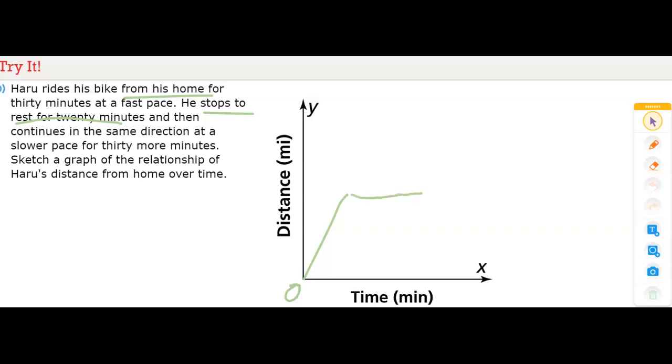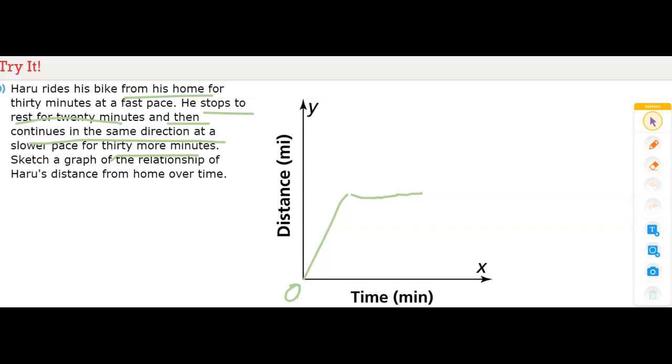So when you're resting, you're not moving. So then the line is straight, or consistent, for that time span, because he's not moving. Then he continues in the same direction at a slower pace for 30 more minutes. So now same amount of time, but he's moving slower.